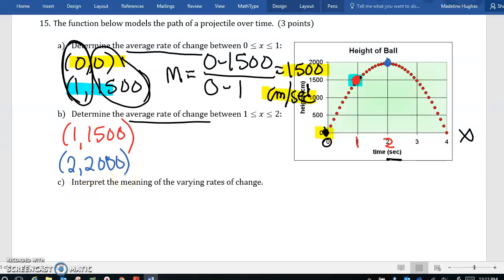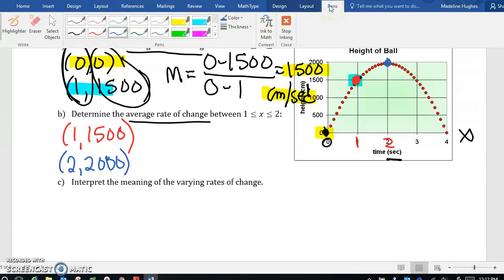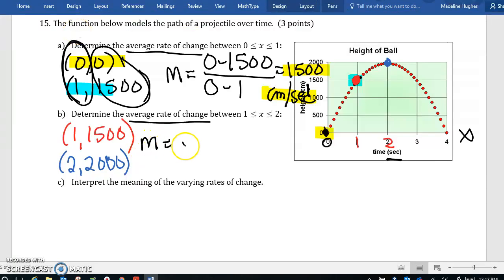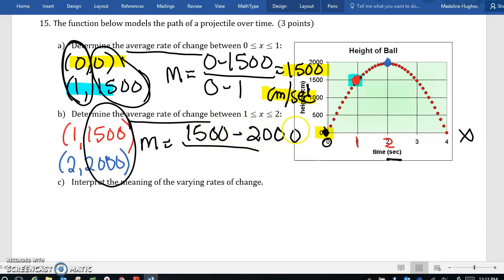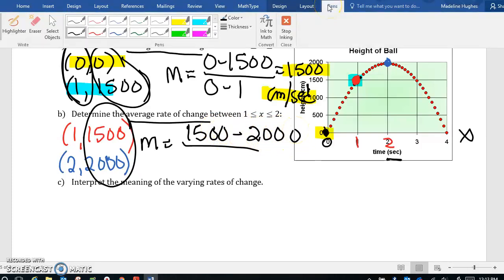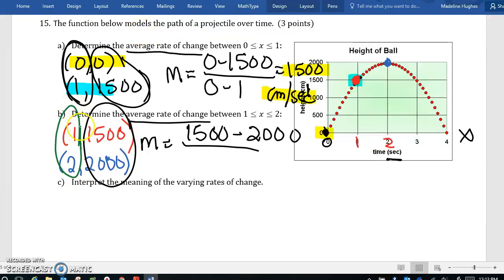Okay, so to find our m, change in y over change in x, we subtract our y's, 1,500 minus 2,000, and then the x's, 1 minus 2.